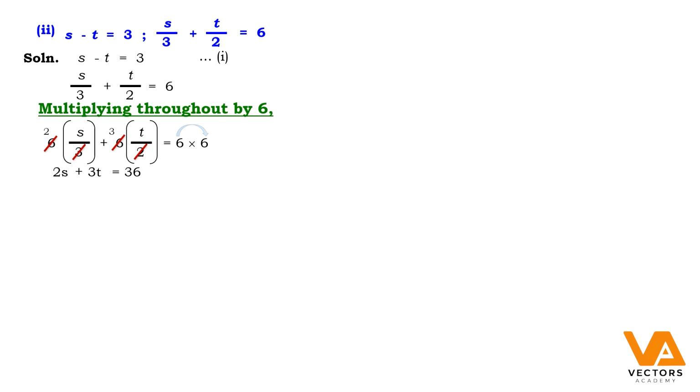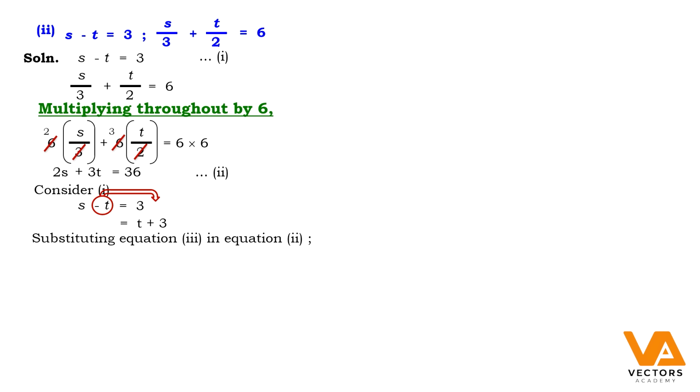Now consider the first equation and let us find the value of s from that equation. So I'll get s is equal to t plus 3. Now I can substitute this value of s in equation 2.